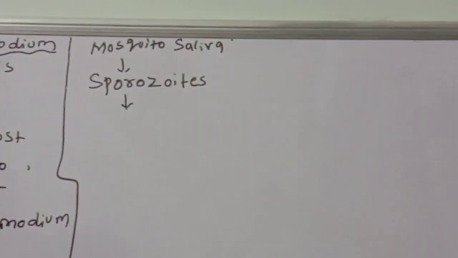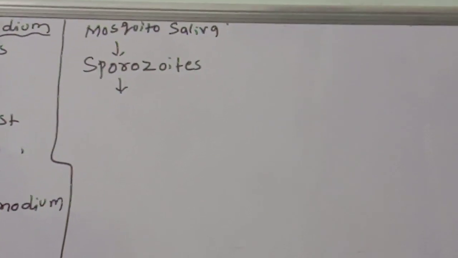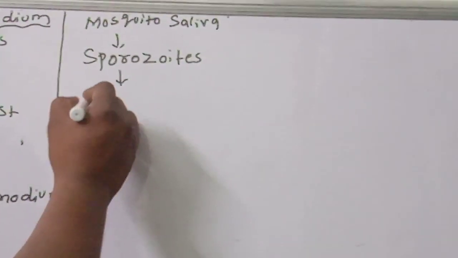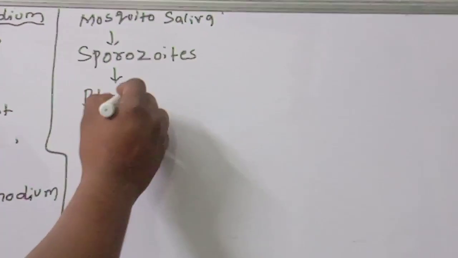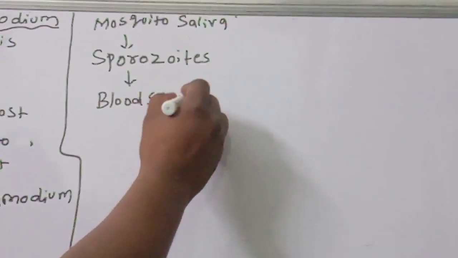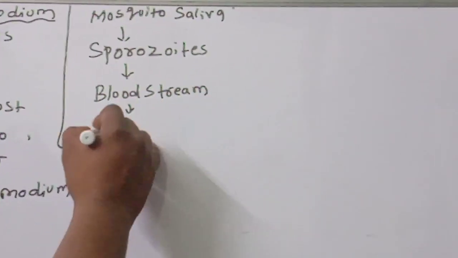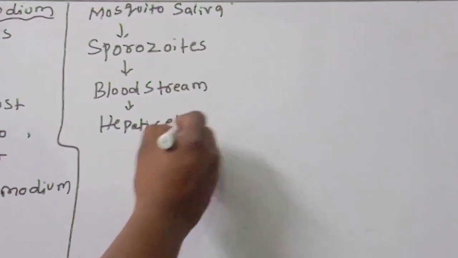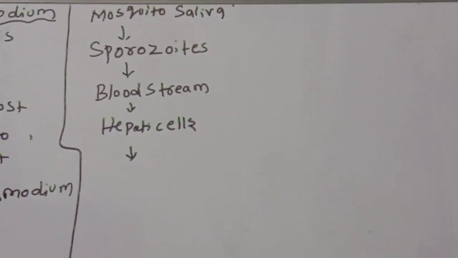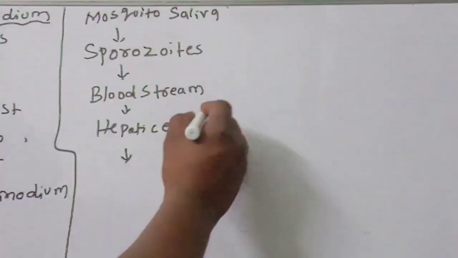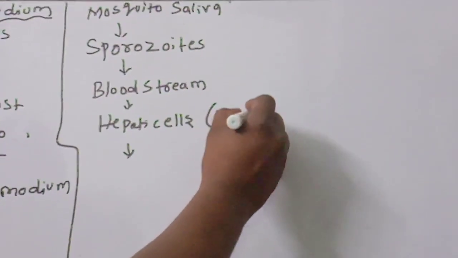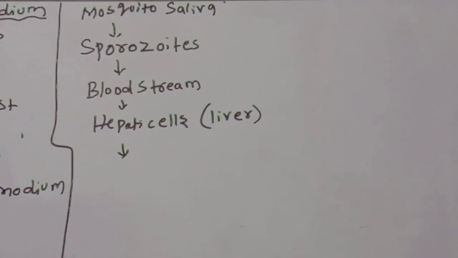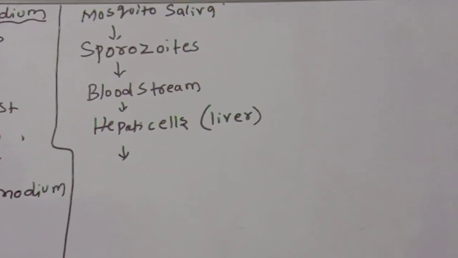These sporozoites immediately enter through the bloodstream into the hepatic cells. Where are the hepatic cells present? They are present in the liver.